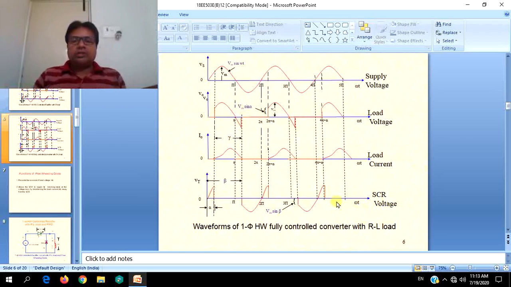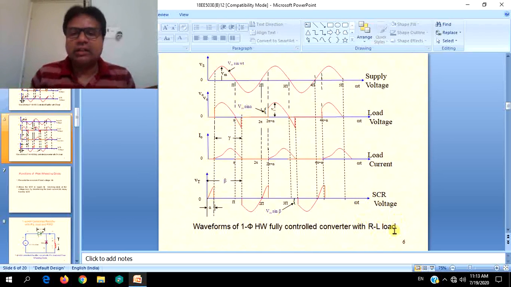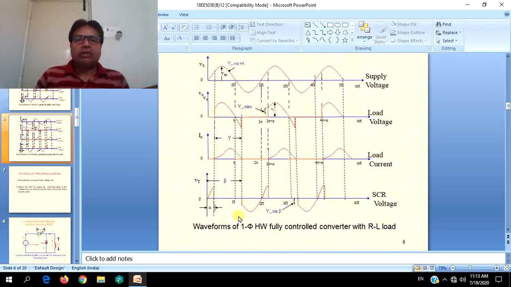And these are the waveforms when the connected load is RL, a combination of resistance and inductance. The supply voltage is a sinusoid, and we are taking only one SCR, that is half wave rectification. So voltage will be allowed to flow through the positive half cycle only.